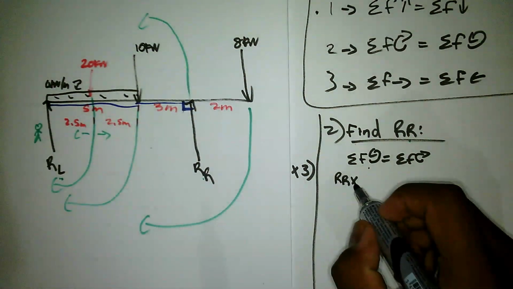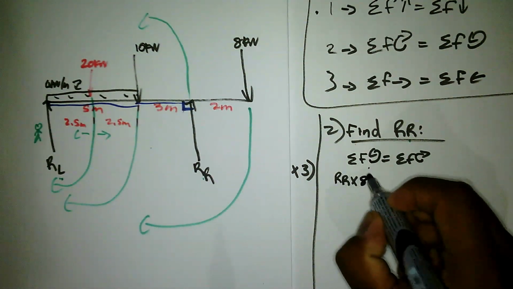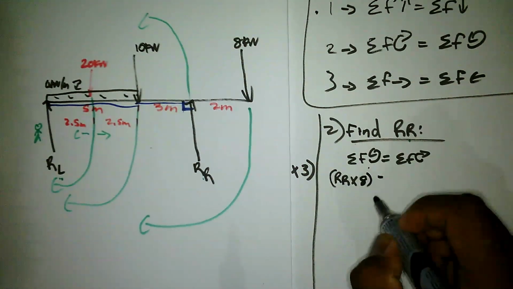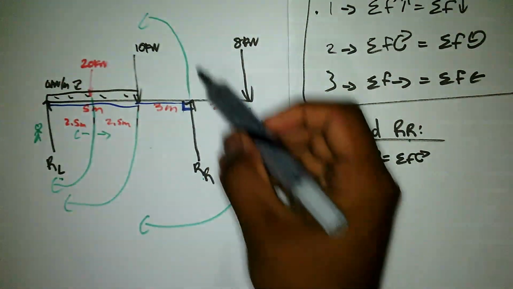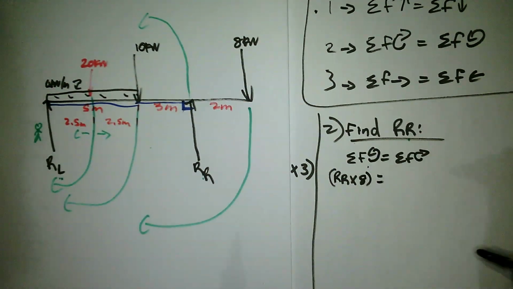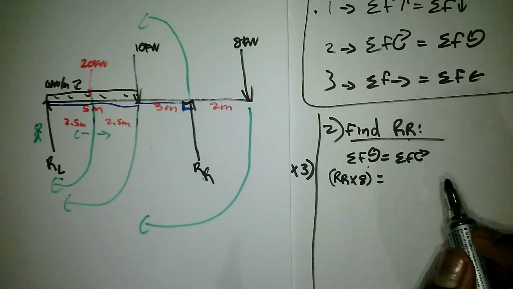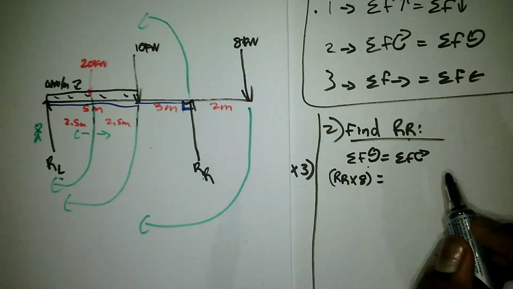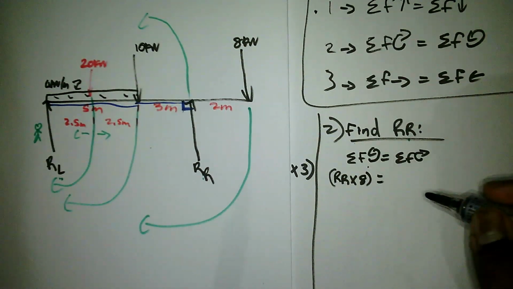So that is RR times 8 meters. And then there are no other anti-clockwise calculations, so now we can move over to our clockwise calculations.